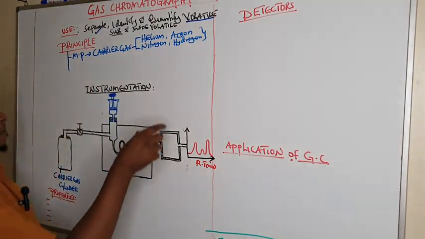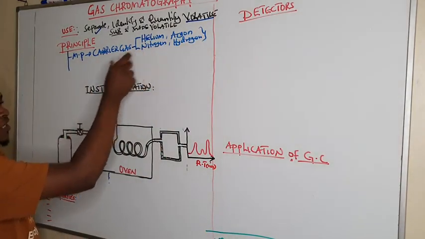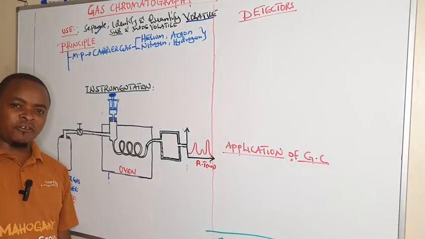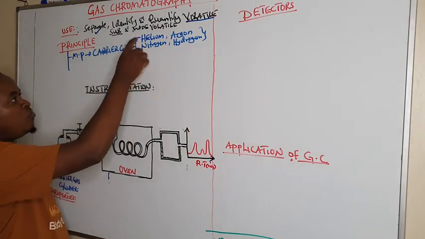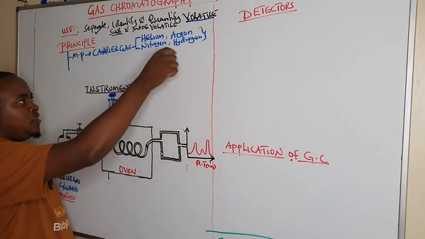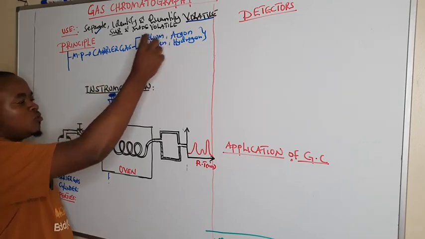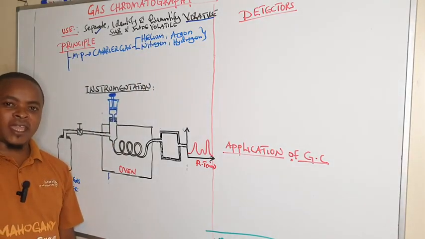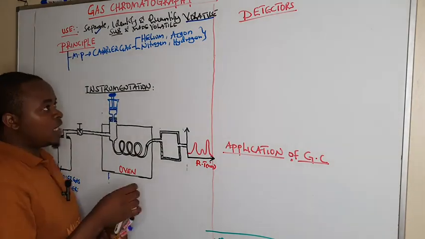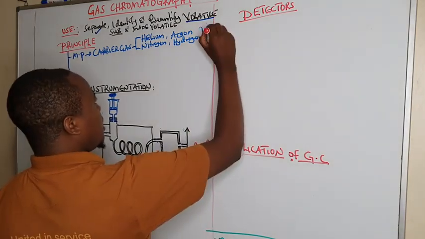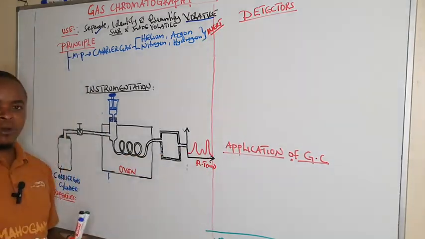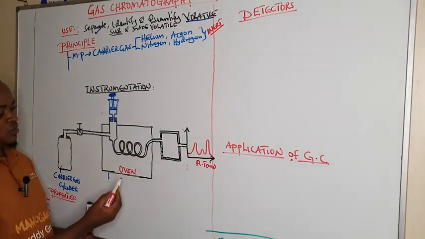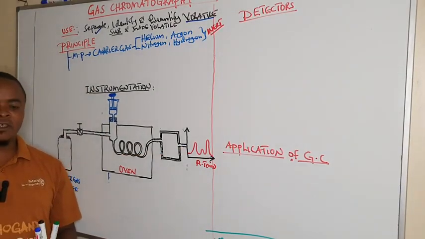So the sample containing different volatile components to be separated is going to be carried by these gases, which are inert. Inert means unreactive. They should not be able to react with any other substance in the stationary phase.